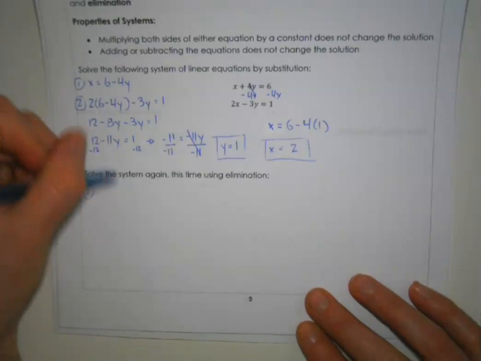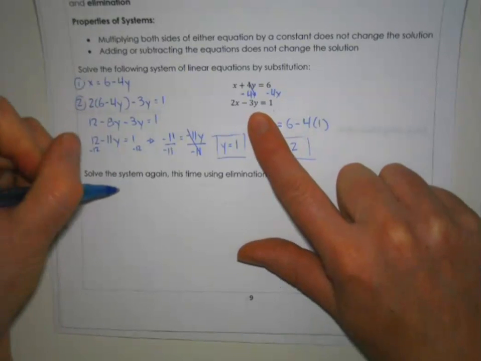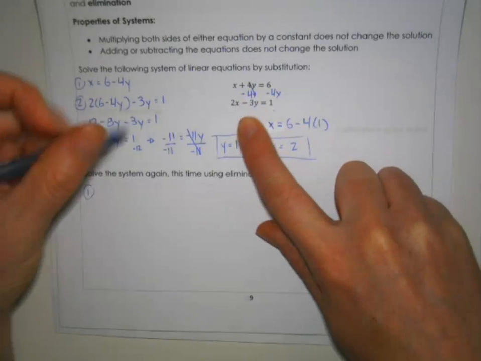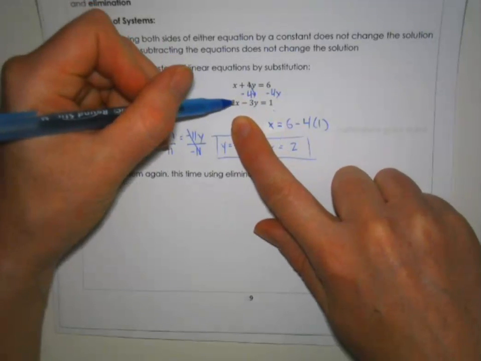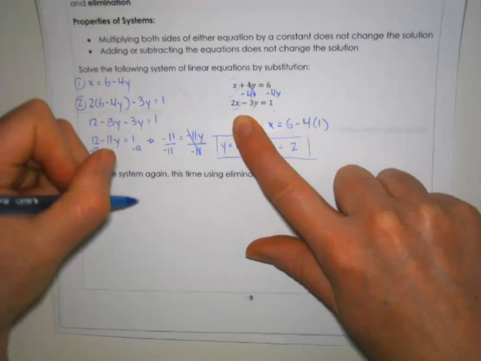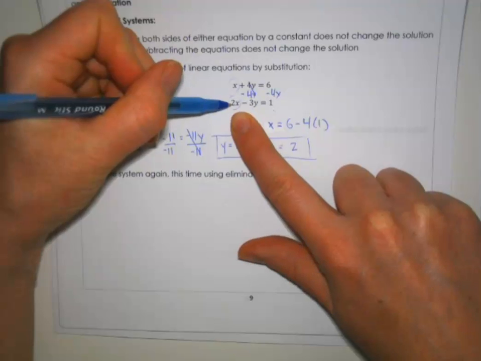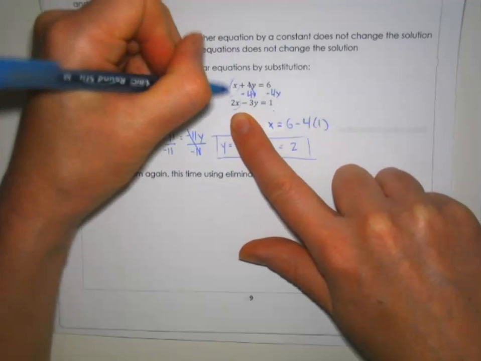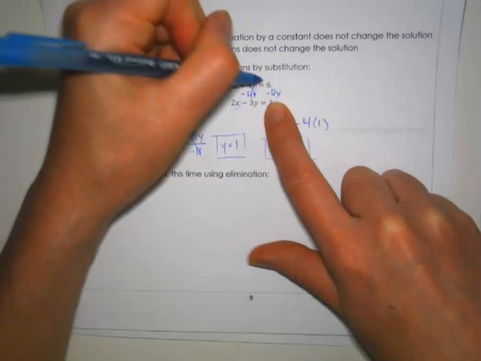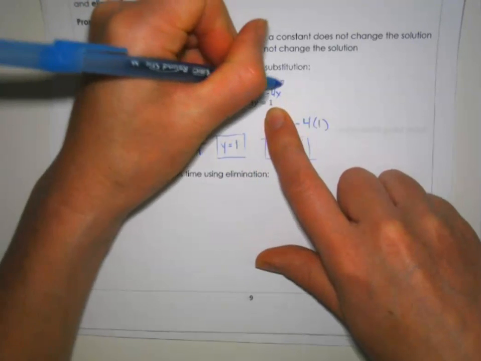So in this case for elimination, I'm going to do exactly what I just said. I want to make my x variables the same so that I can cancel them out. So in order to make them equal but opposite, I need to multiply this whole equation by negative 2. Which means I also need to multiply the other side by negative 2.